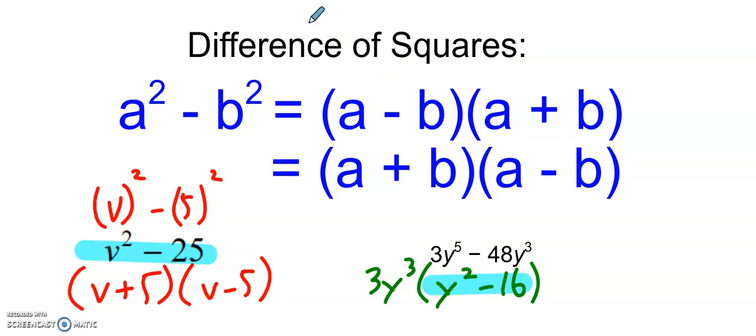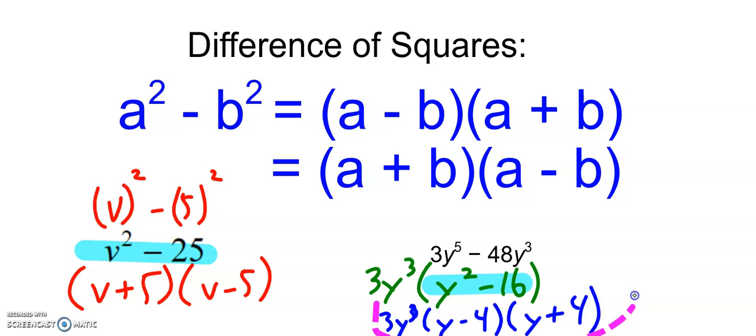So if I recognize that, then it makes it very nice. I know that this is going to factor into y minus 4 and y plus 4, and then in this case I still have my 3y to the third as my GCF. That's the difference of squares. Again, the trick here is recognizing it. If you recognize it, it's really easy to factor.